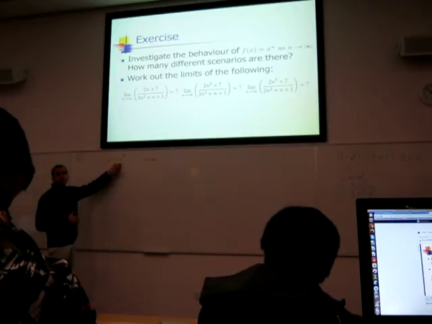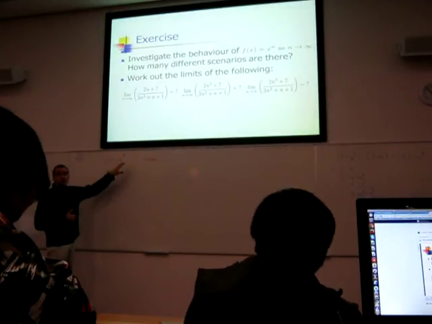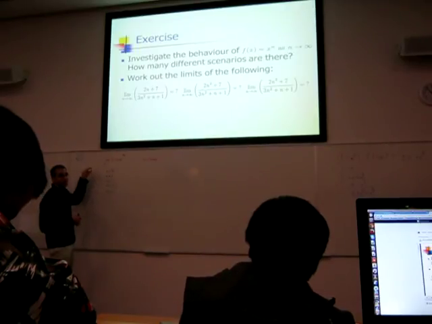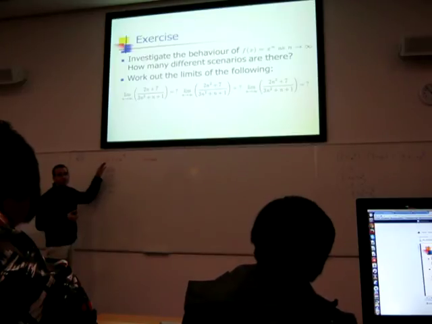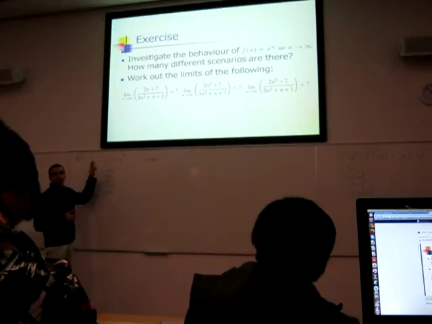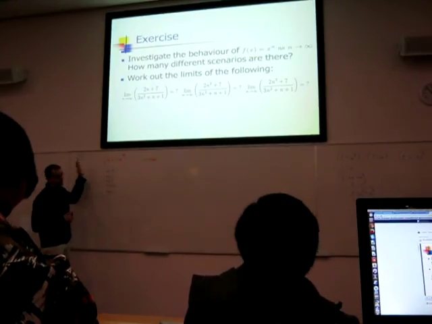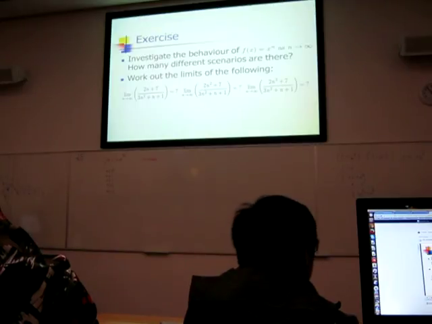If x is 1, what happens then? And what happens if x is less than 1, but still bigger than minus 1? What happens if x equals minus 1? What happens where x is now greater than 1? Have a look at those.